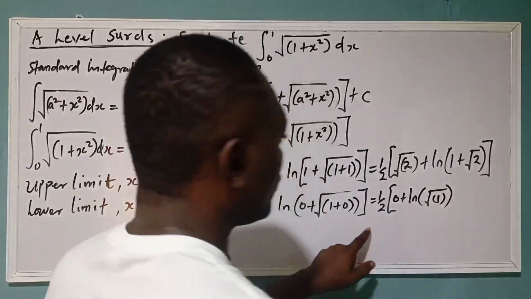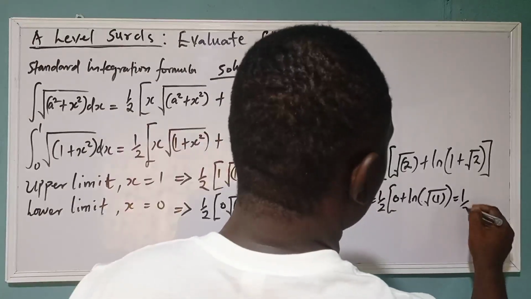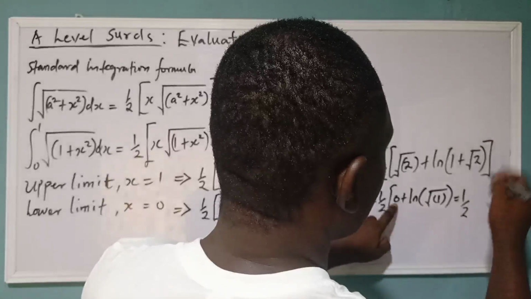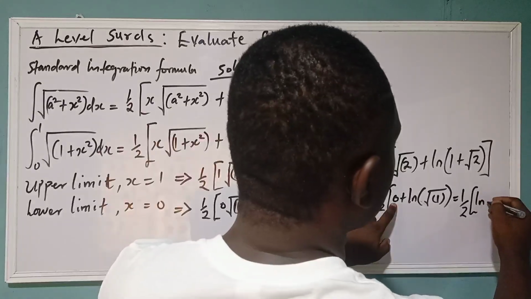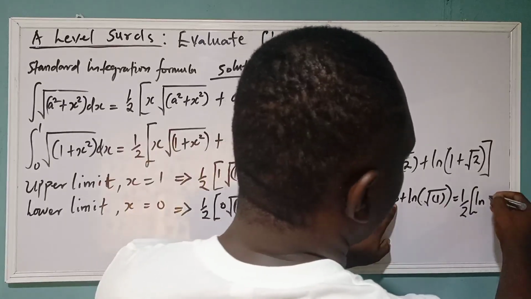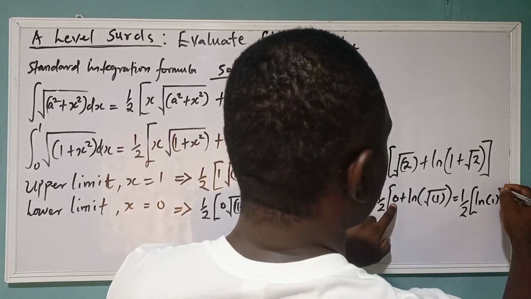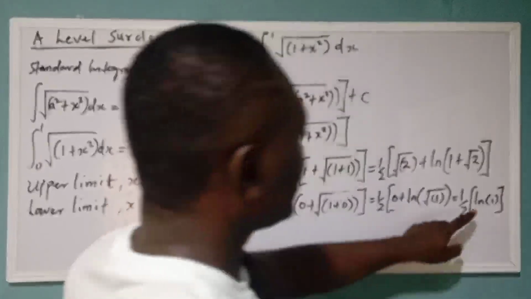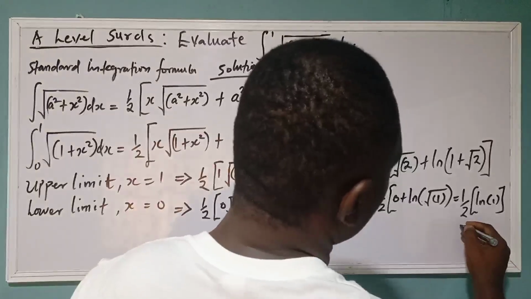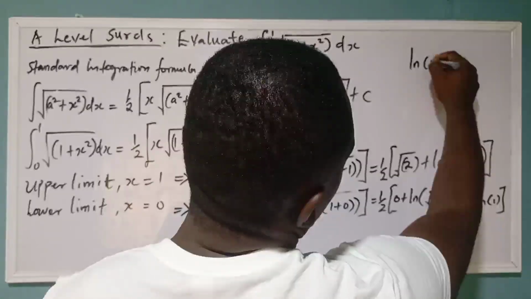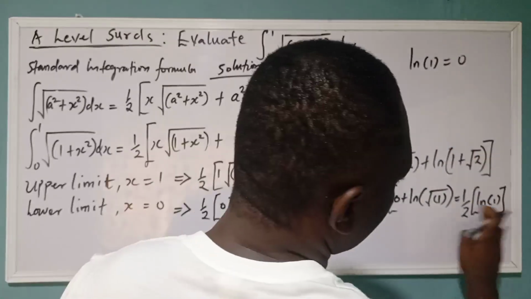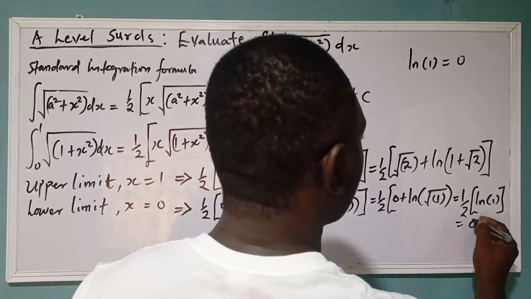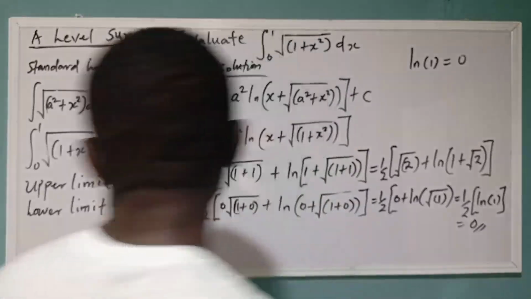So this is going to give us 1/2, this is 0, it will go. So we have ln, square root of 1 is 1, so we have ln 1, right? Now, we already know that ln 1 is 0. So 0 times half, your final answer will be 0 for the lower limit, right?